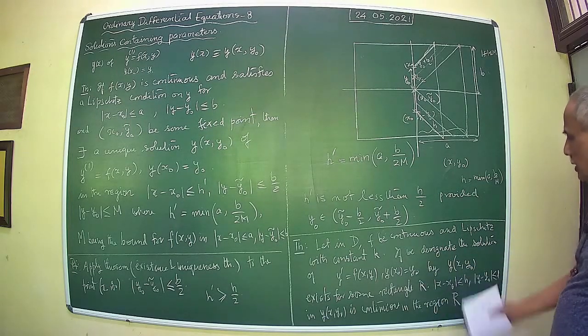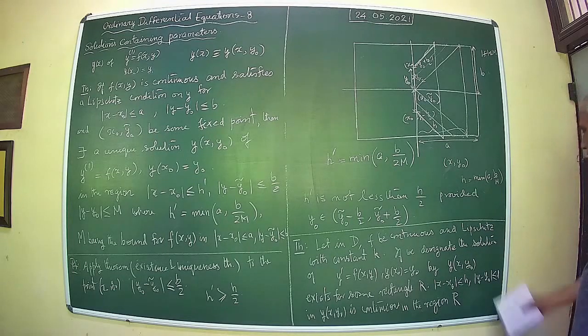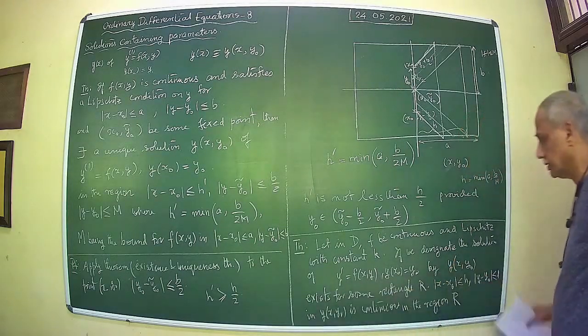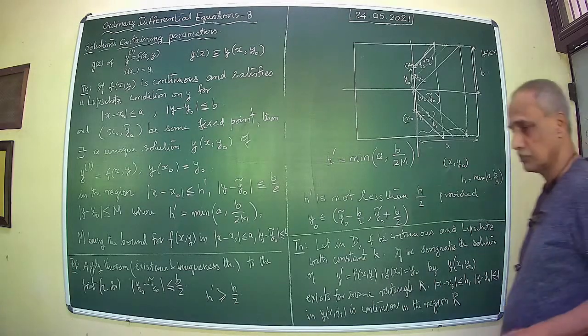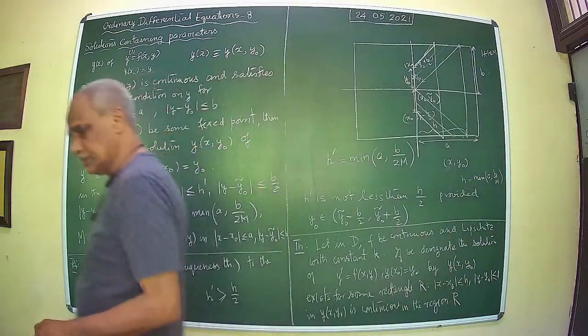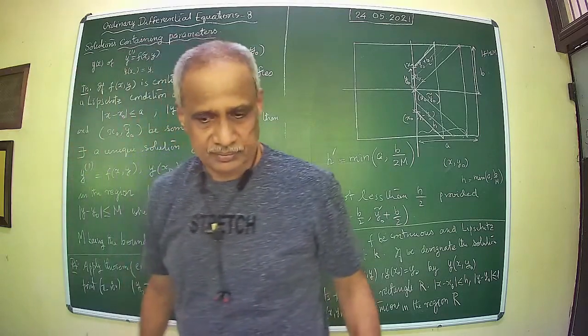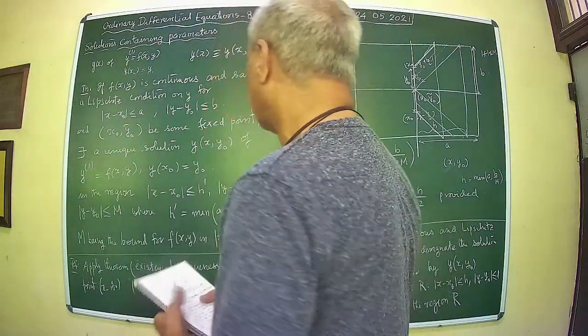That means for |x - x0| ≤ h, |y - y0| ≤ L, this particular solution is continuous in the region R. Okay, let us prove this result. It's quite simple to prove.